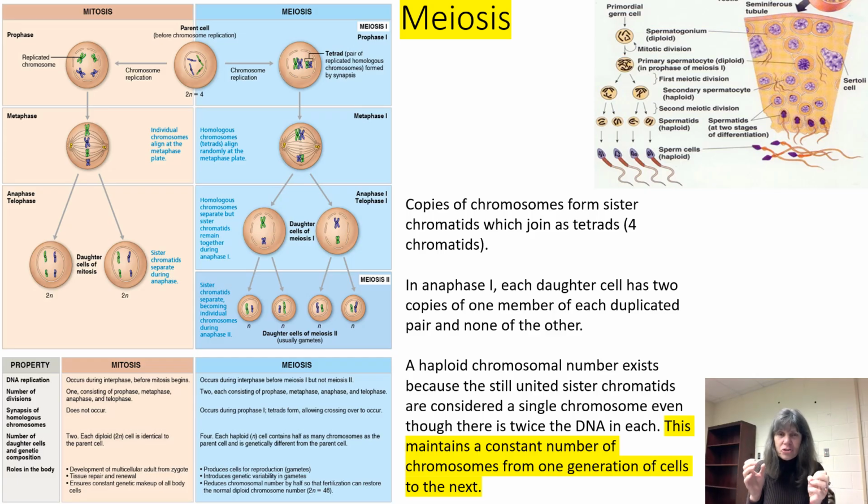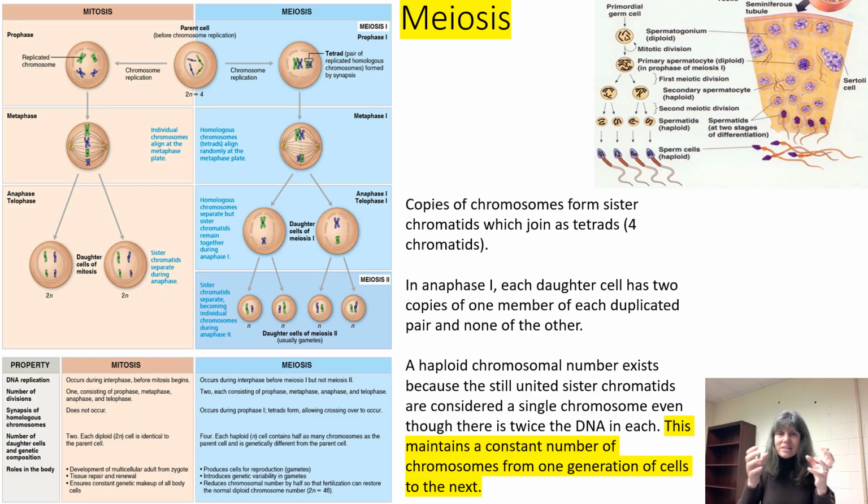Now we have 2 individual daughter cells from meiosis 1, and a haploid chromosomal number now exists because the still united sister chromatids are considered a single chromosome, even though there's twice the DNA in each.